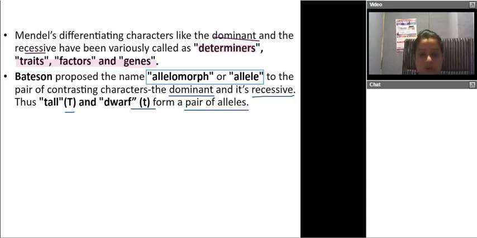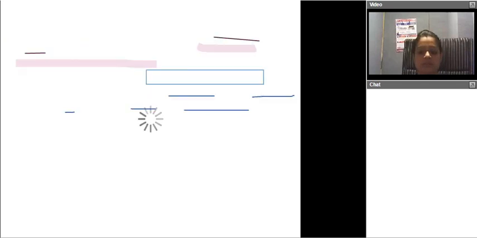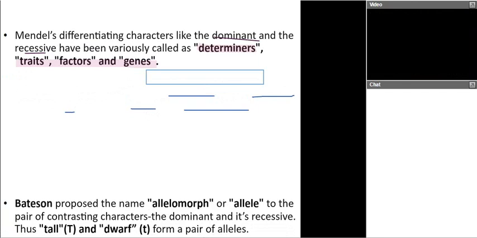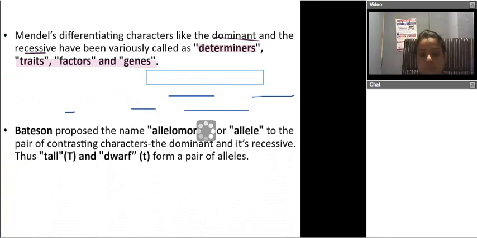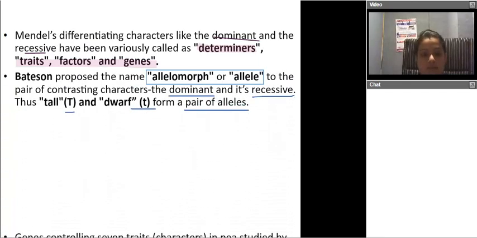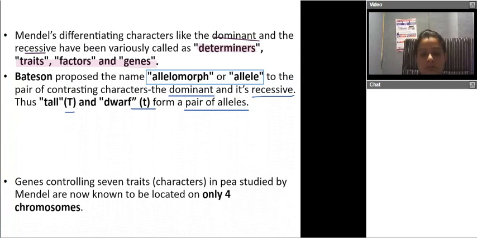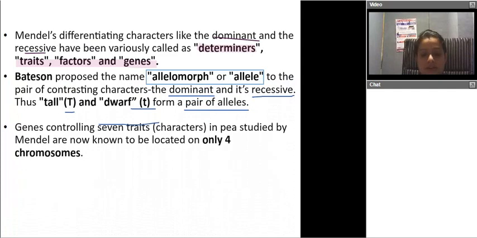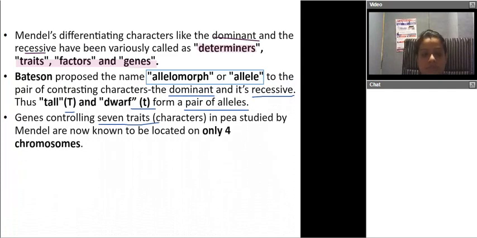These capital and small letters, that is dominant and recessive traits, form the pair of alleles. There are genes that control these 7 traits in garden pea plants, and these genes are located only on 4 chromosomes.